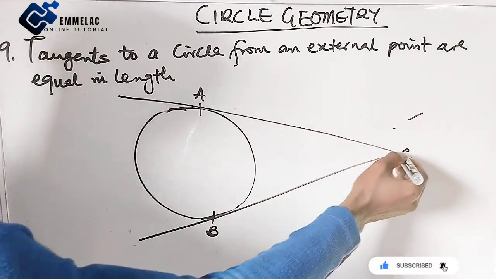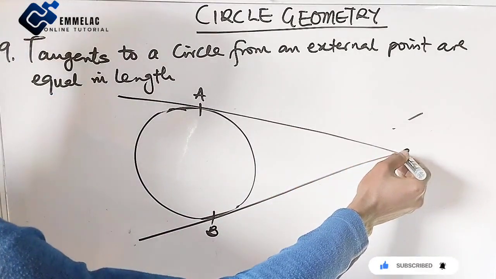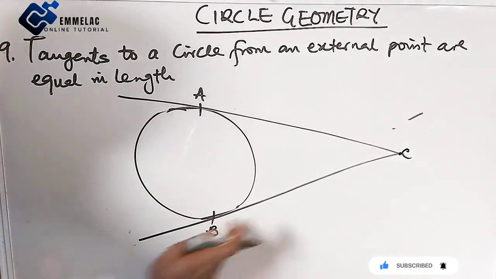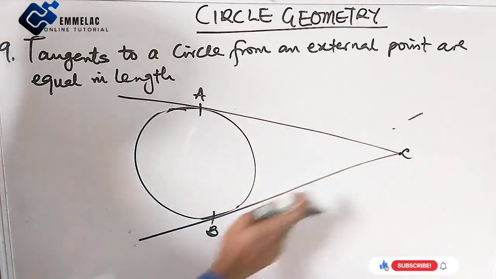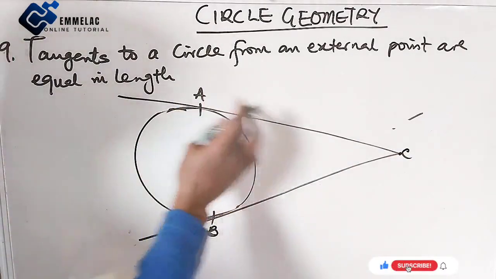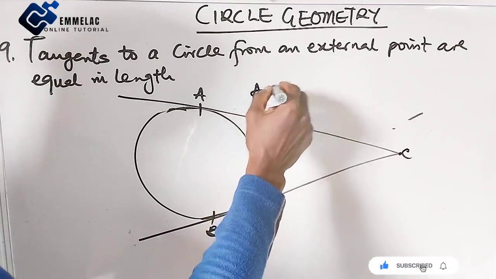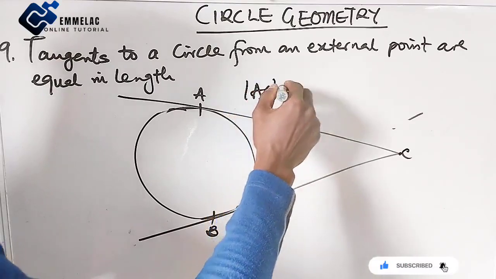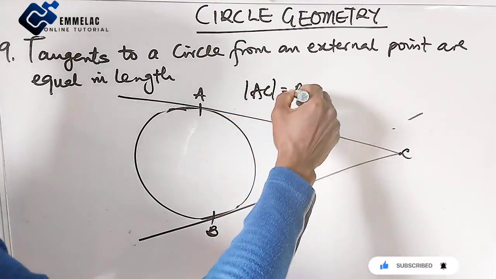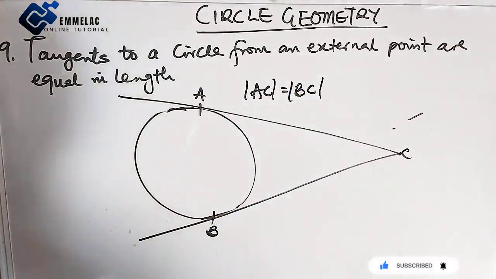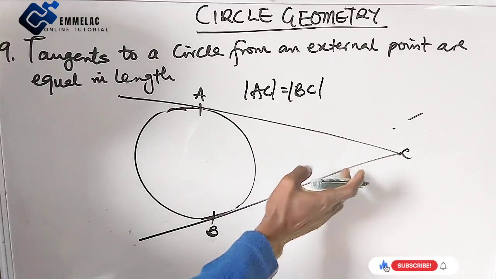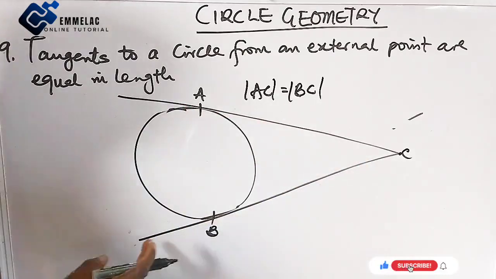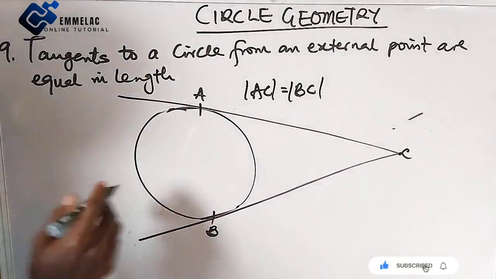As long as the tangent cuts across the circumference of a circle, it implies that the length of AC equals BC. So irrespective of the points from which these tangents are coming, they are all the same.